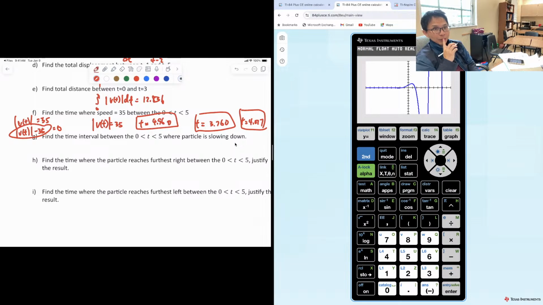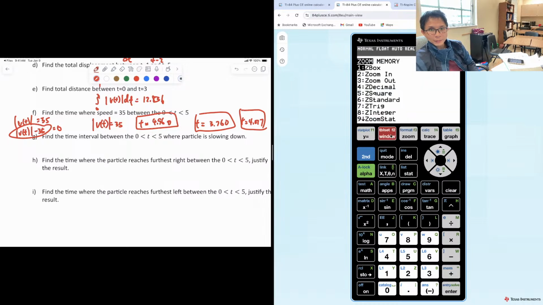Now, when the particle is slowing down, that means acceleration is positive and velocity is negative. So only from this point here to this point. Do you see that? Yep. But then you have to look for the minimum. So I don't know where the minimum is. So I'm going to zoom. I am going to click on the window.